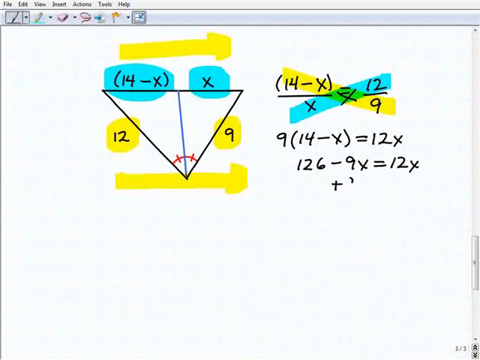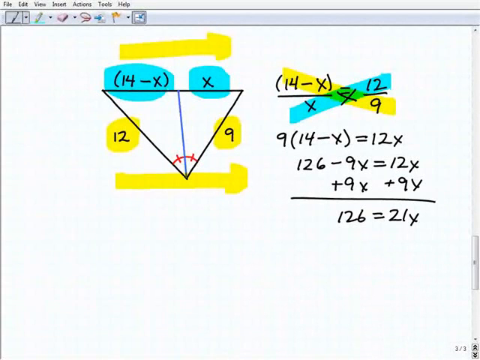So I'm going to add 9x to both sides of the equation, and I get 126 equals 21x, since 12x plus 9x is 21x. So 126 divided by 21 should give us our solution. And lo and behold, we get x is equal to 6.